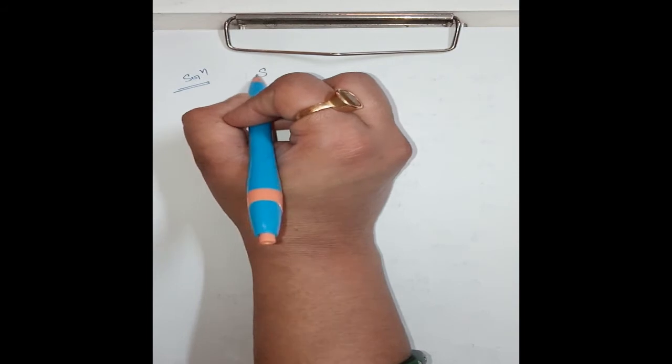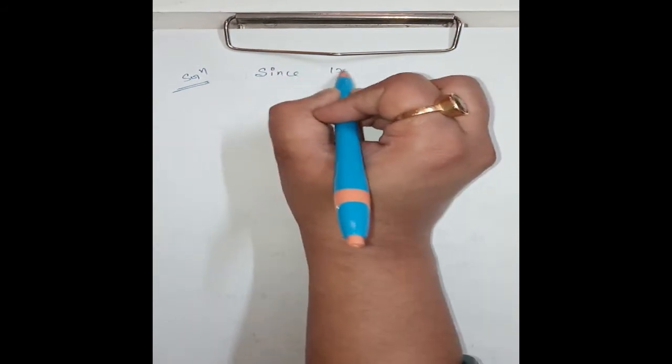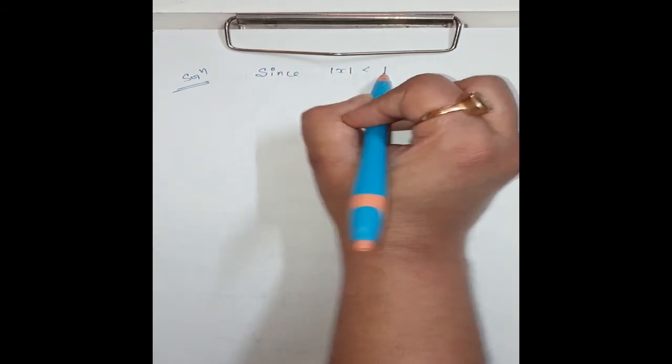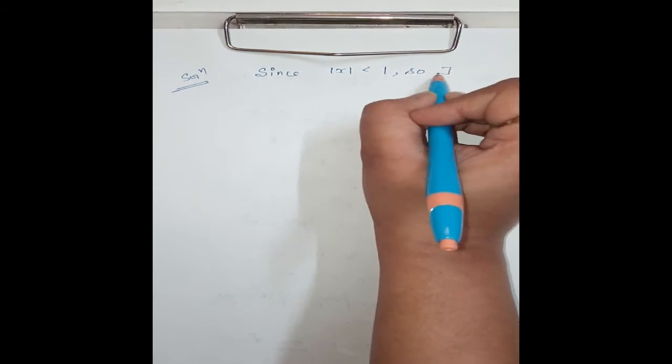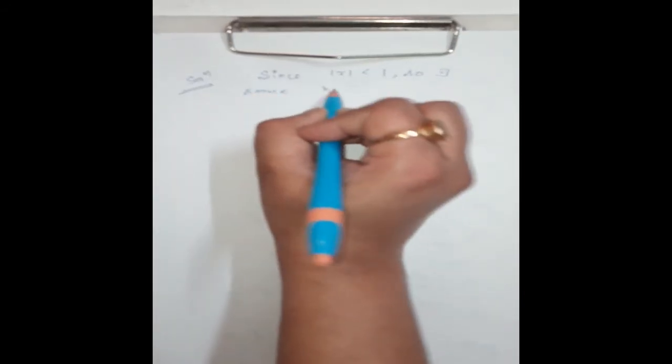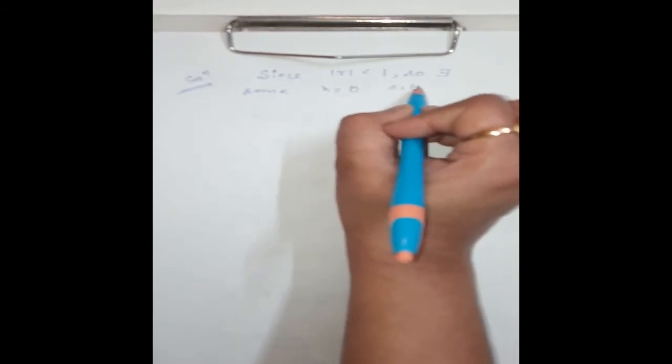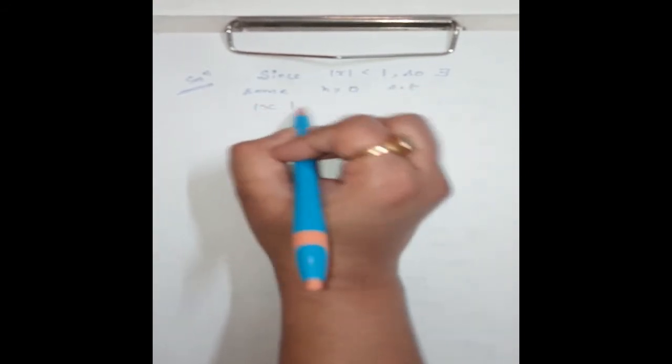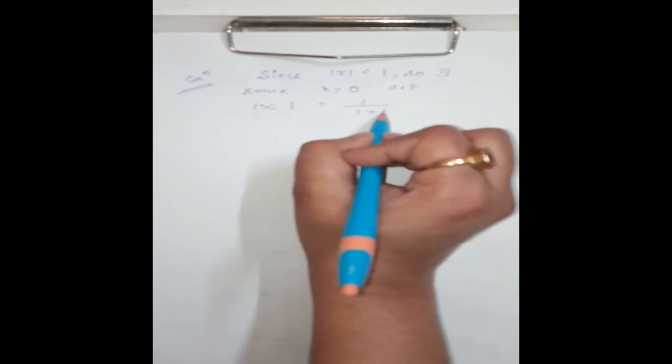It is given that mod x is less than 1. So there exists some h positive such that mod x is equal to 1 upon 1 plus h.